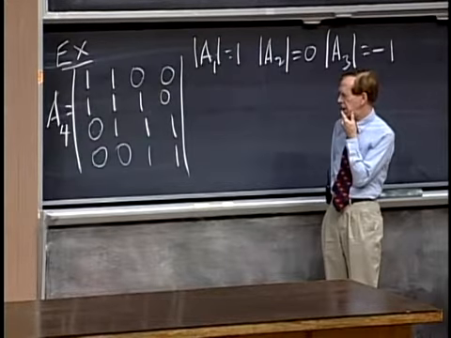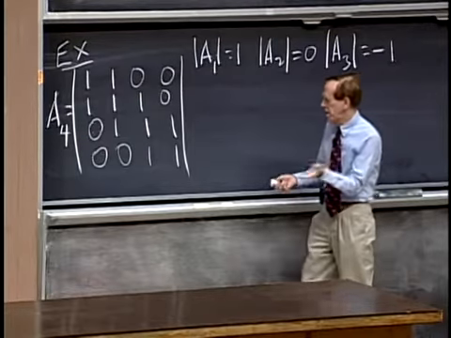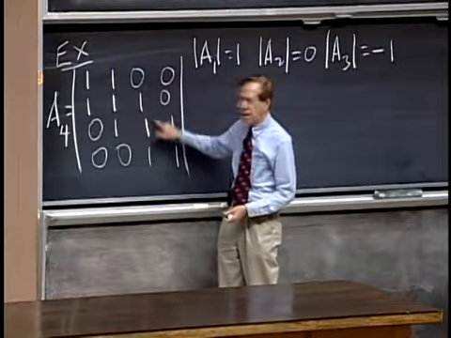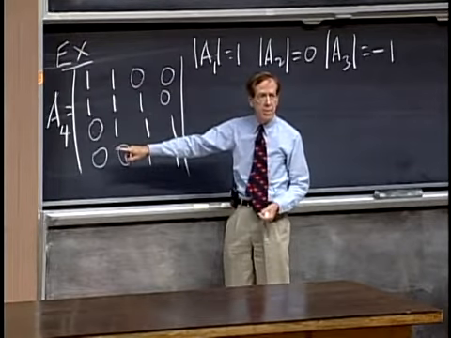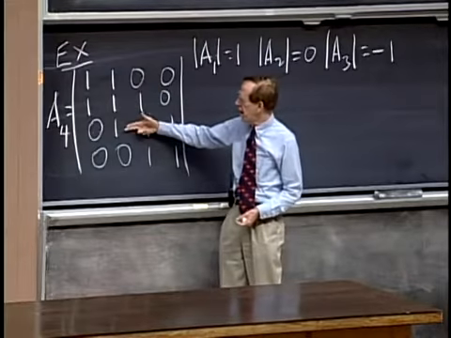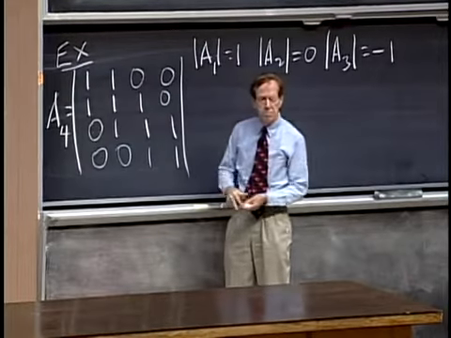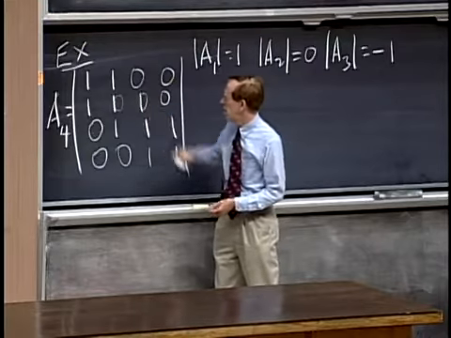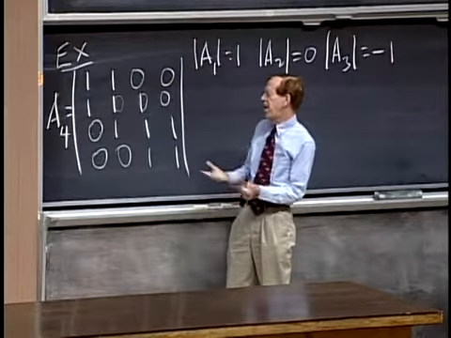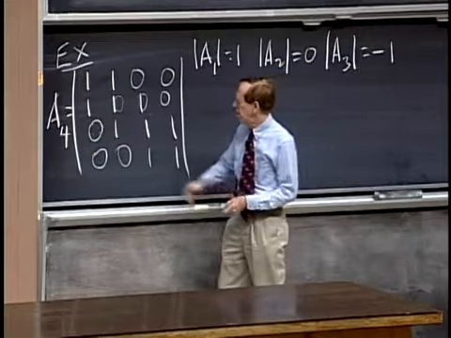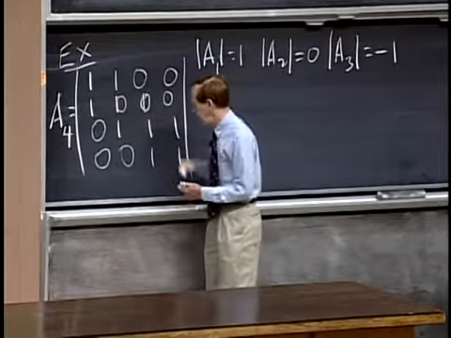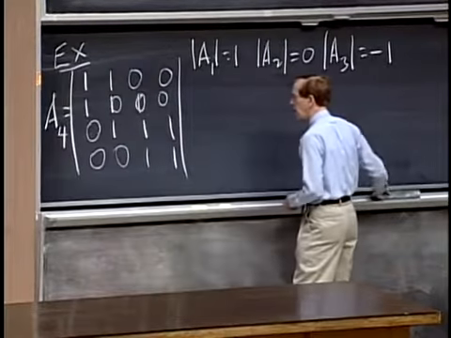Would you do it another way? Here's another way to do it. Look, I'm just looking at this 3 by 3. Subtract row 3 from row 2. The determinant doesn't change, so those become zeros. Now use the cofactor formula.